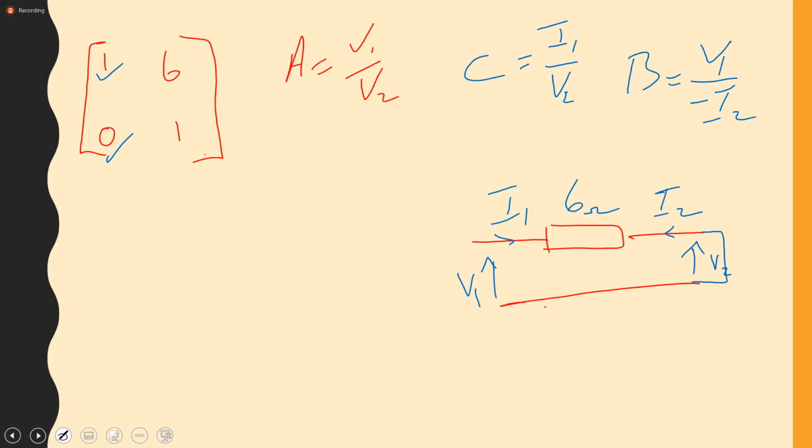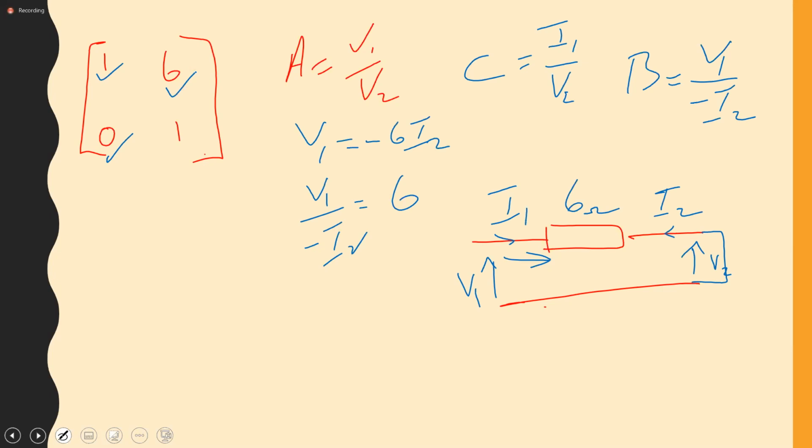V1 is equal to minus 6 I2, because the current will be going in this direction. All right. So V1 over minus I2 is 6. And that's B. All right?